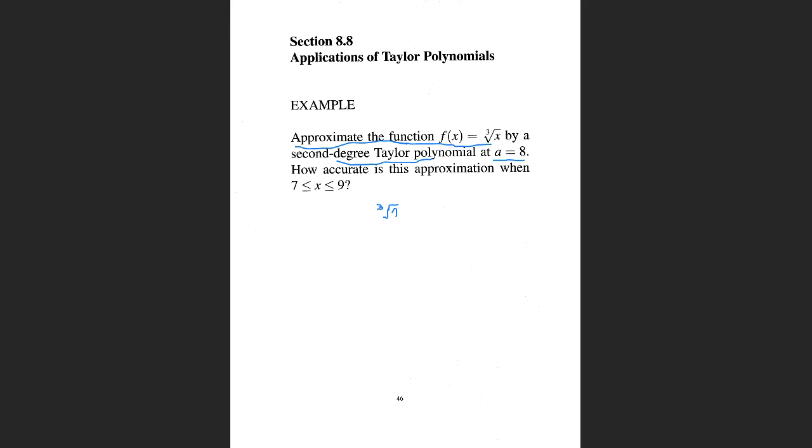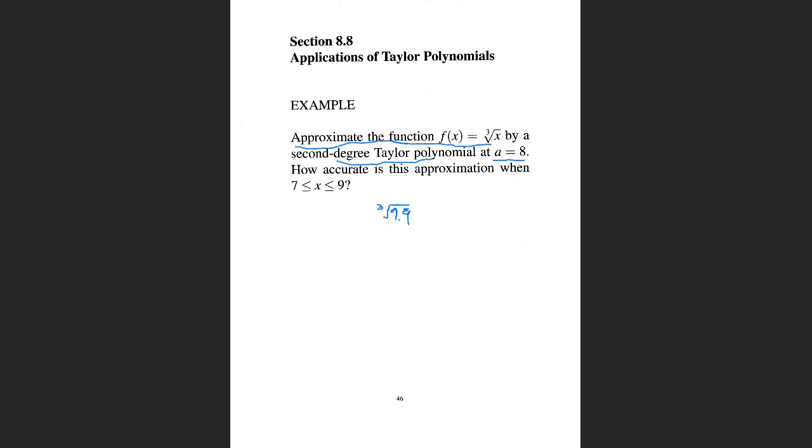Use the approximation for the cube root of 7, for example. So one way you can think about this is from the computer science perspective, think about your calculator. When you type in the cube root of 7.9 on your calculator, you magically get an answer, right?